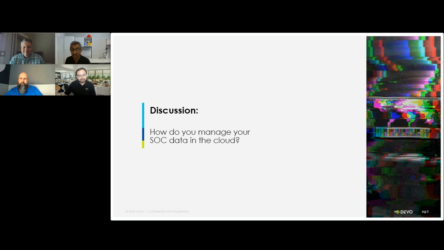I can start. From Devo, we have a vision of what we're calling the autonomous SOC. The idea is that not only can we do the analytics and keep the data for long periods of time, but we also have this vision where, using ML and AI engines in the core product, we can start doing automated threat detection.